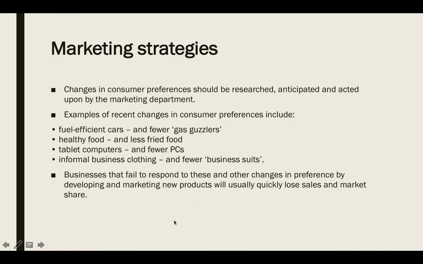So, what I'm trying to explain here is that businesses that fail to respond to these and other changes by developing and marketing new products will usually quickly lose sales and market share. So, it's very important for every business to have a marketing strategy and to have a backup strategy as well, in case the preferences of consumers have become different or are changing.